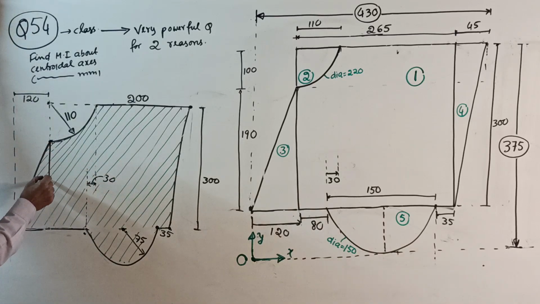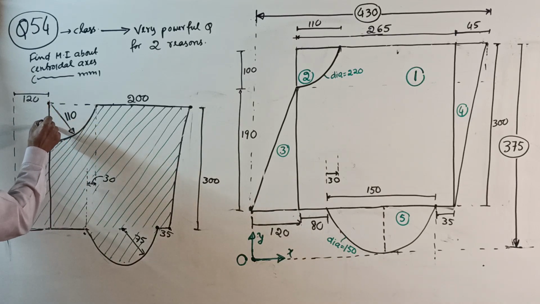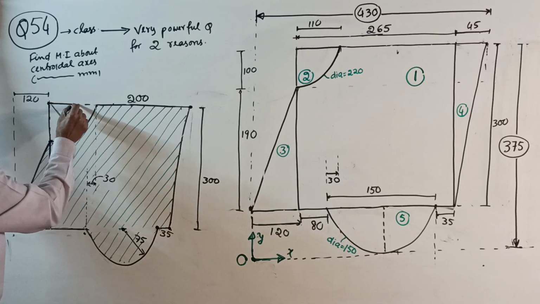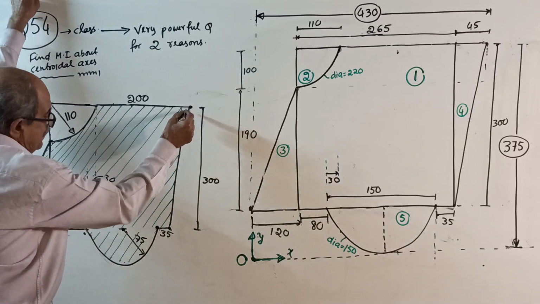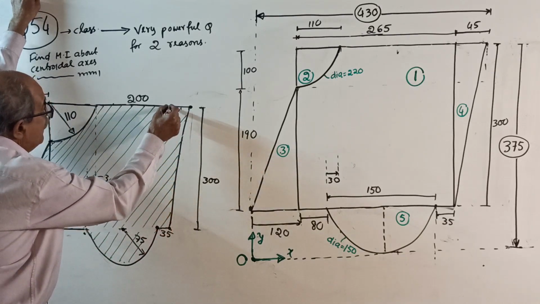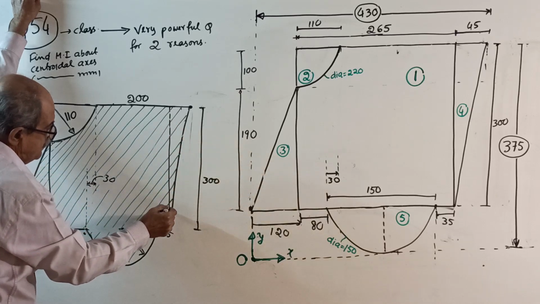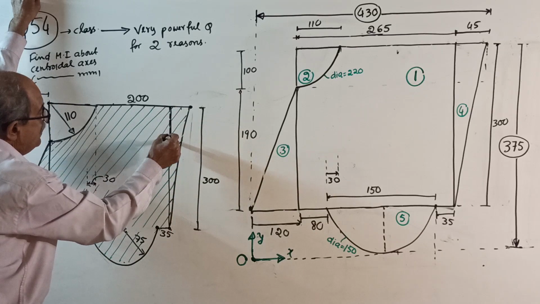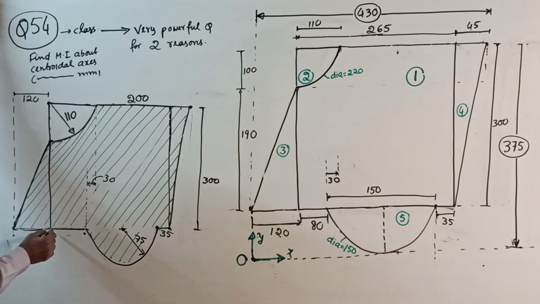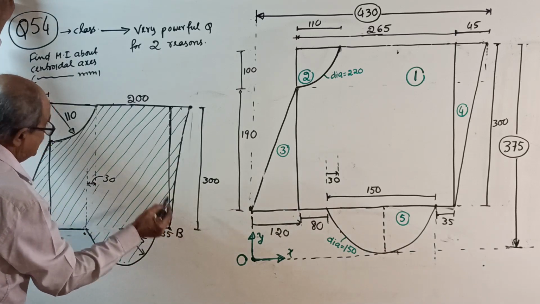Okay, this way we will divide. Now I will name the points here. I will call this point A, this point B to understand.